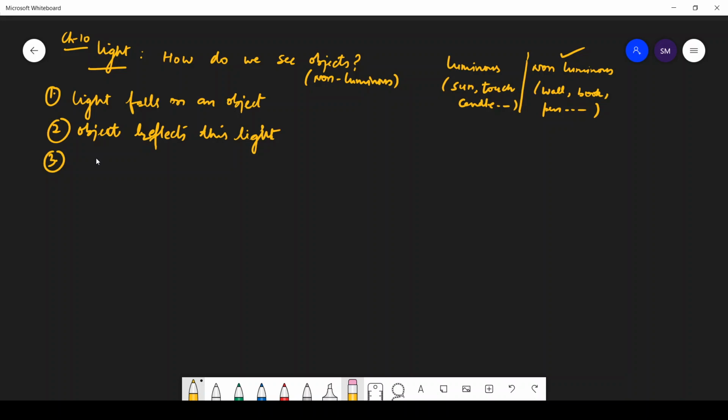And then our eyes receive this reflected light.